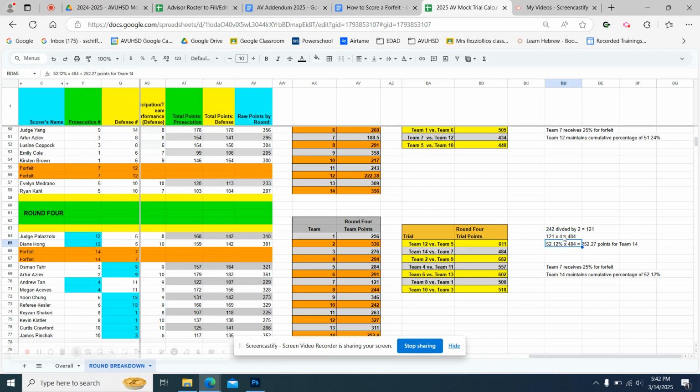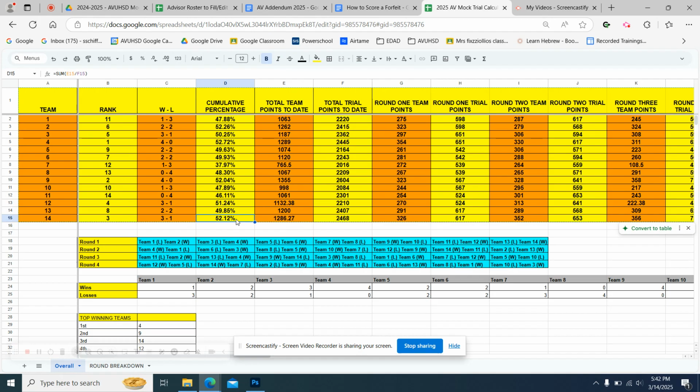Then I multiplied the cumulative percentage that Team 14 was trying to maintain, which is 52.12%. I multiplied that by 484, and I got the number of points that Team 14 should have in that round, which was 252.27.